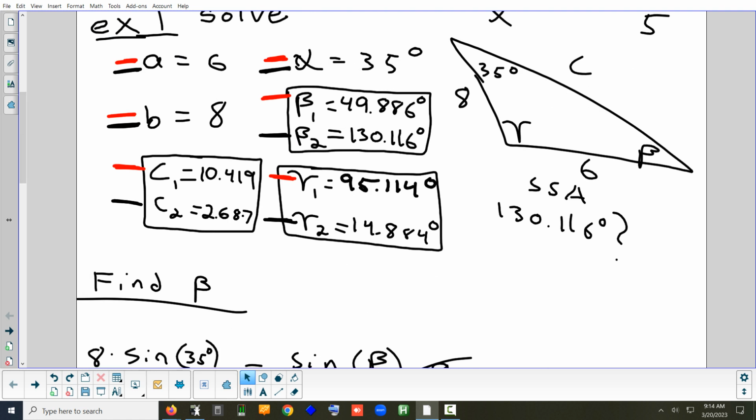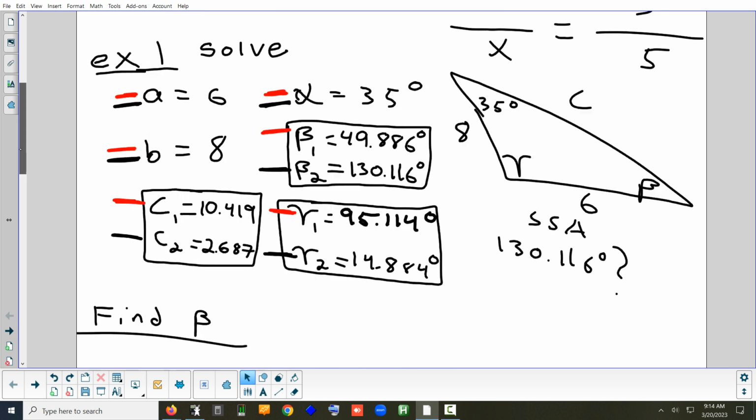Alright, so the first thing for side-side-angle is I need 2 triangles that have two sides the same length. Let's start with this side. If I make a copy of it, do people agree that that side and that side are the same length? Okay. So I have a side that's the same. Now I need another side. All right, I'm going to take this side.